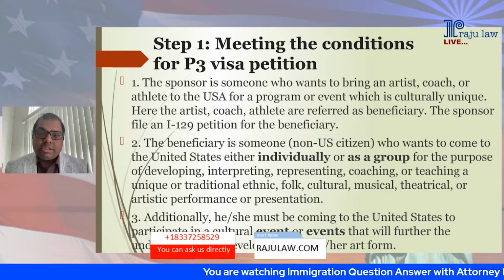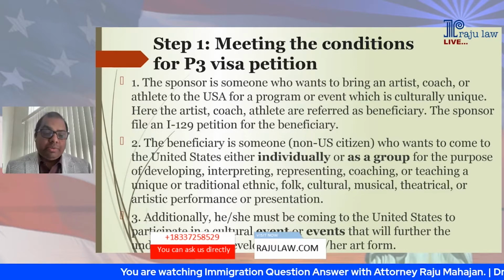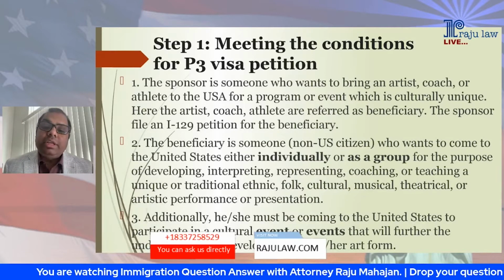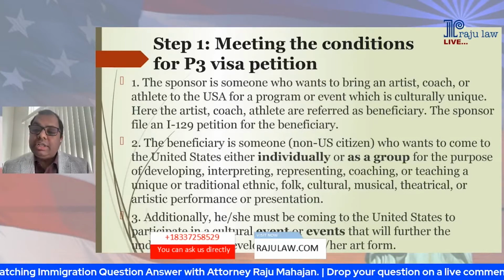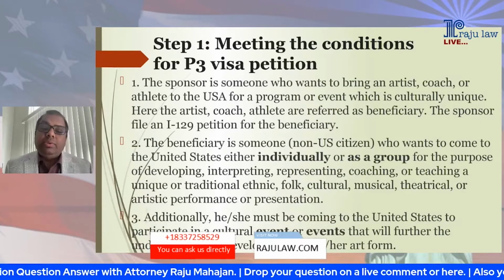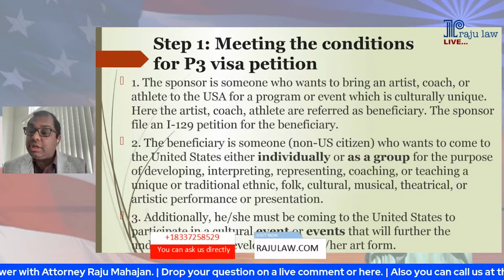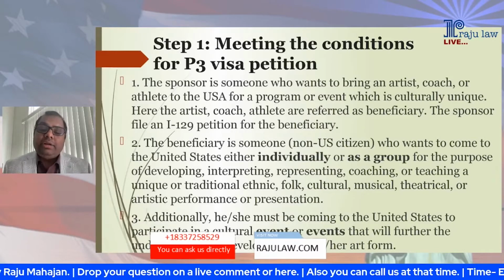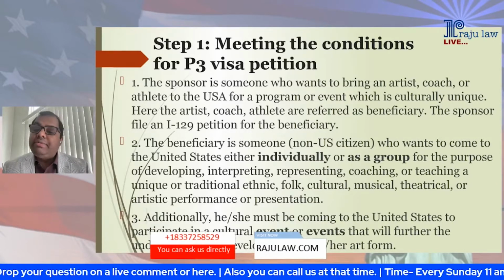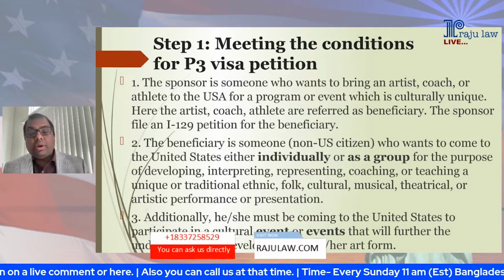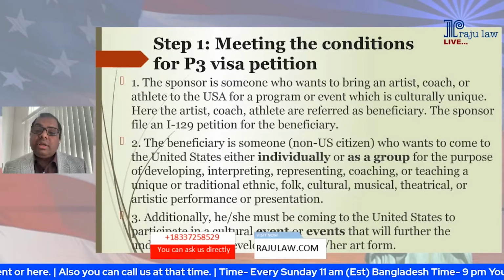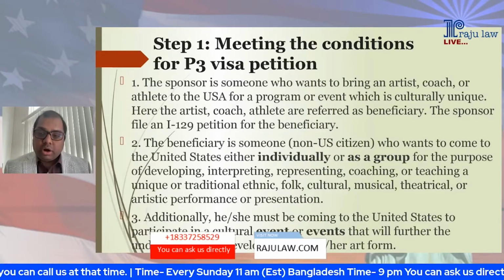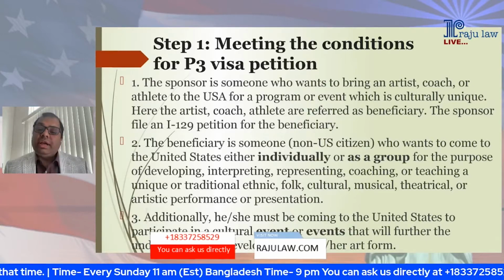Step one, meeting the conditions for the P3 visa. Number 1, the sponsor is someone who wants to bring an artist, coach, or athlete to the USA for a program or event which is culturally unique. Here, the artist, coach, or athlete is referred to as the beneficiary. As I said, you are the beneficiary, and the agent or the company who is bringing you is the sponsor.